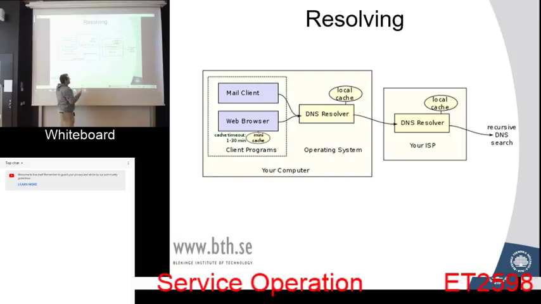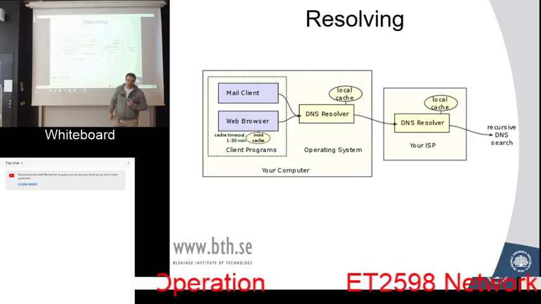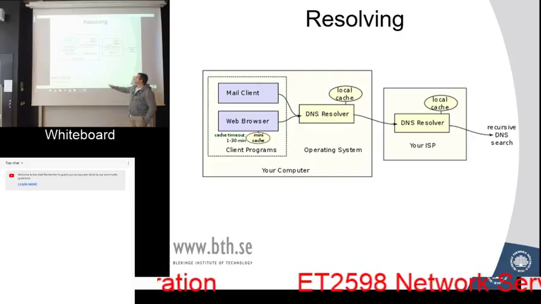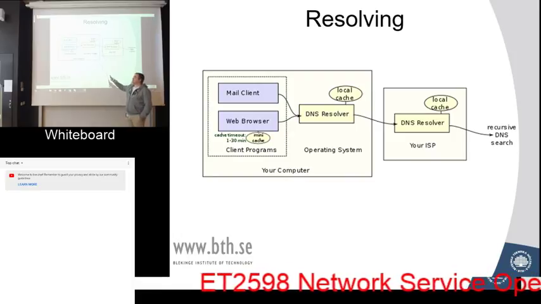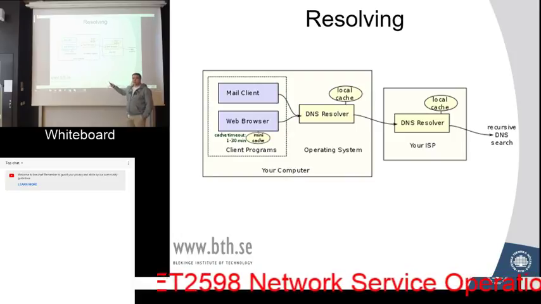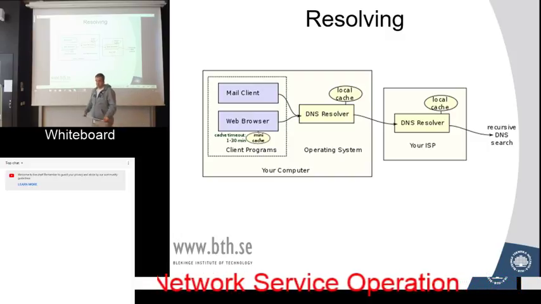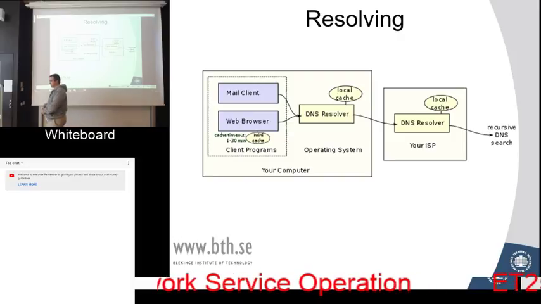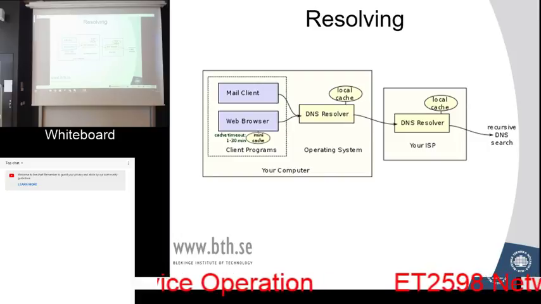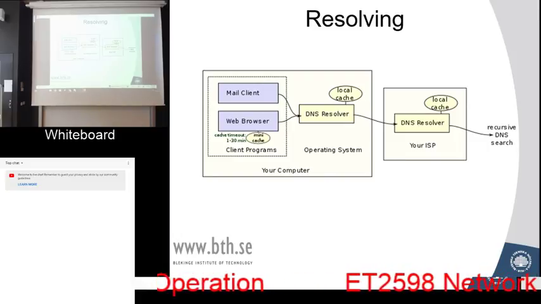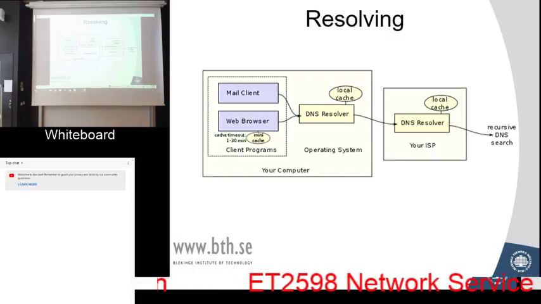If this entity does not have a match for the string that you're looking for, it forwards the request to the DNS server that you have configured in your system. That could be your ISP's DNS, for instance, or a public DNS server. But it has to be specified with an IP number, not a DNS name, because otherwise you're in a loop.